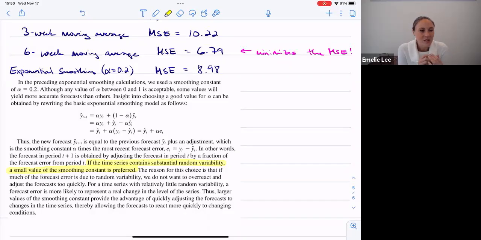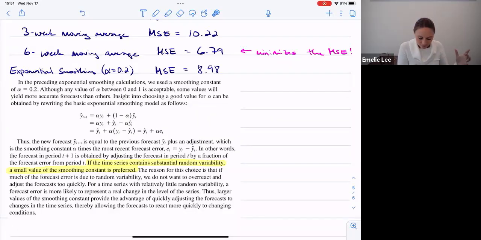It explains here the reason for this choice: if you're getting forecast errors because there's a lot of activity in your data, you don't want to make adjustments every time you have a forecast error, because you're expecting forecast errors because there's a lot of variability. So you wouldn't want to put a lot of weight on those forecast errors.